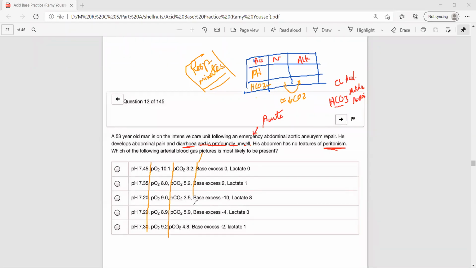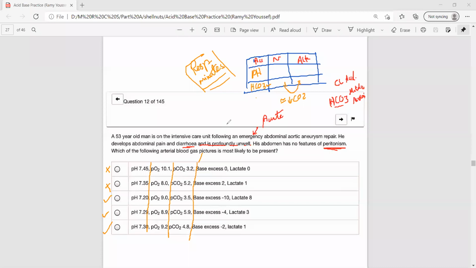Okay, let's go here. What is this pH? So exclude A because its pH is normal, upper end of normal. And then keep the remaining C, D, and E. Okay, let's go for the CO2.